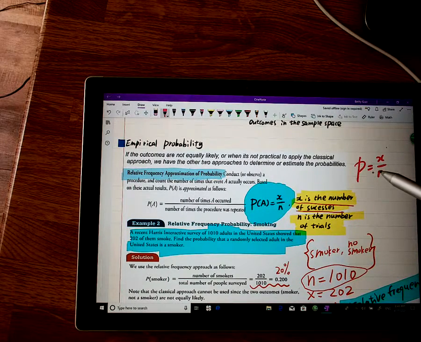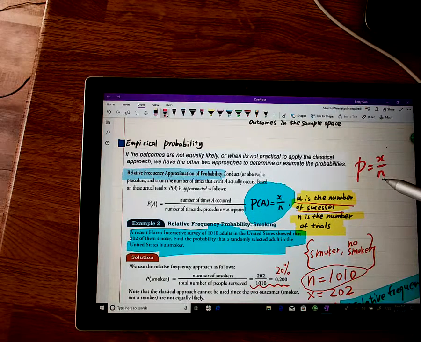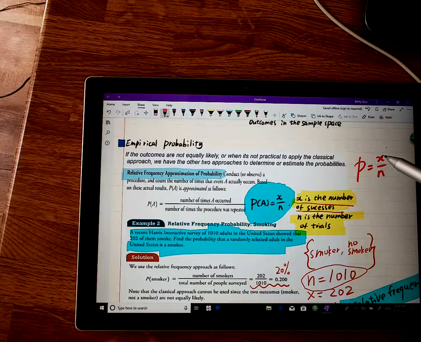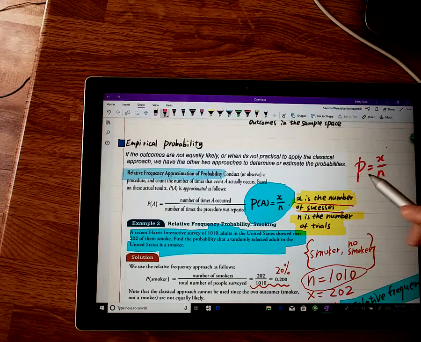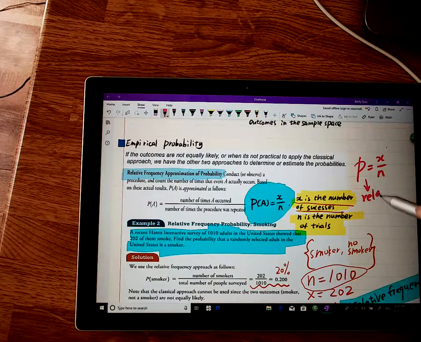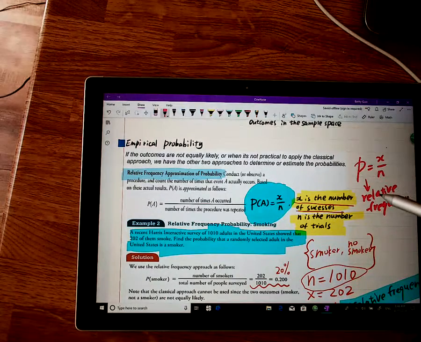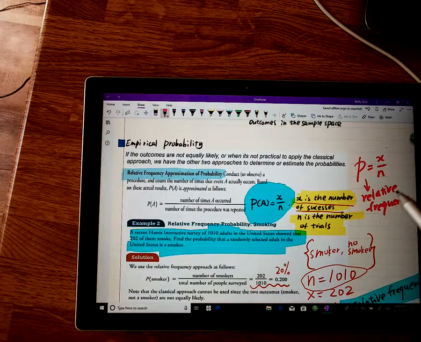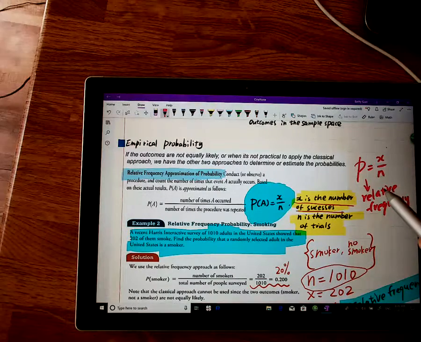Do you guys remember this formula? p is the sample proportion, n is the sample size, x is the number of successes. So here we have another name for the sample proportion, called relative frequency. You would see that the sample proportion p, or relative frequency, can be used as a measurement to approximate the true value of the probability of an event.